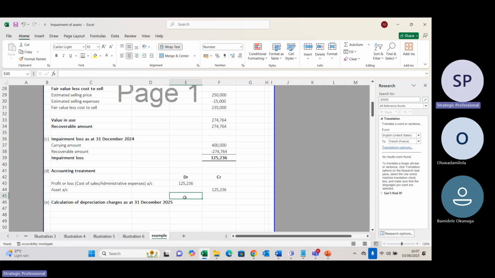But impairment is saying that if some factors exist, then there are signs that an asset might have been impaired. A good example is the market value of an asset. Recall when I said that if the market value of an asset reduces significantly, there's a possibility that that asset has been impaired. The way you will know is if you look at, for example, property, a building.